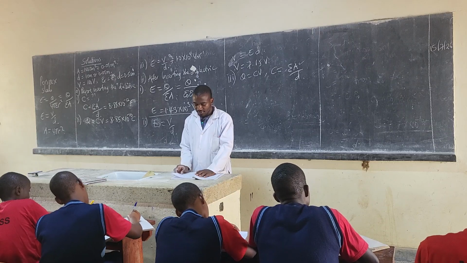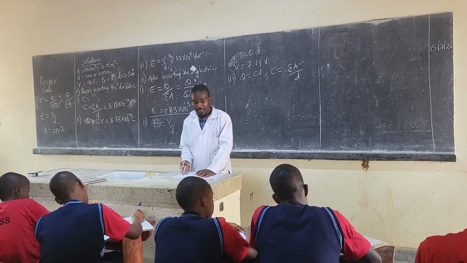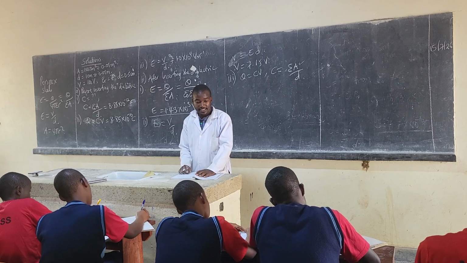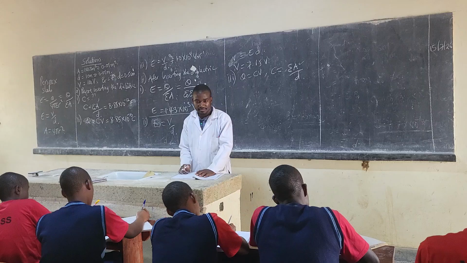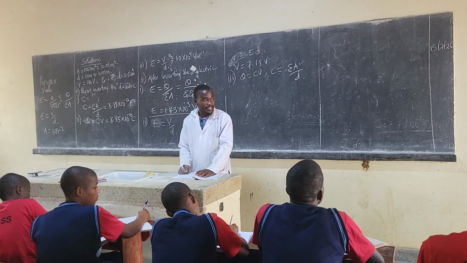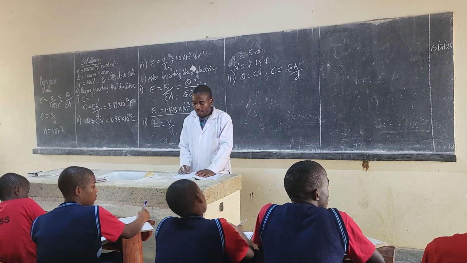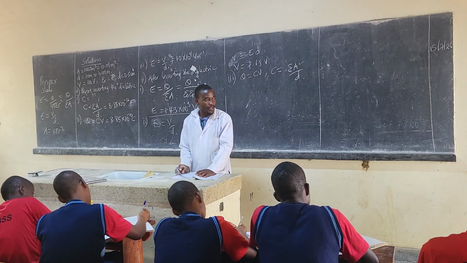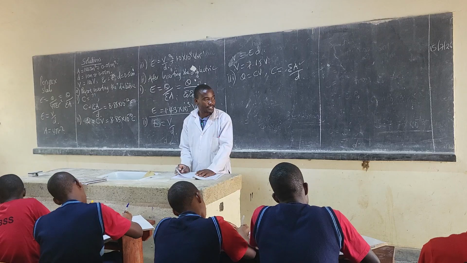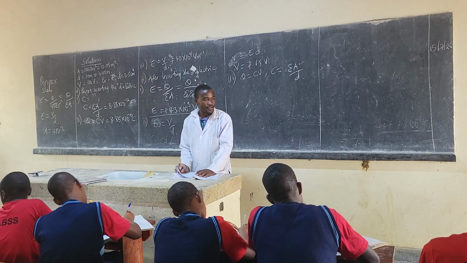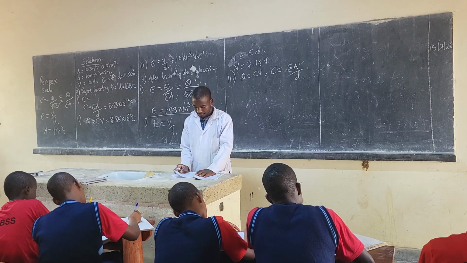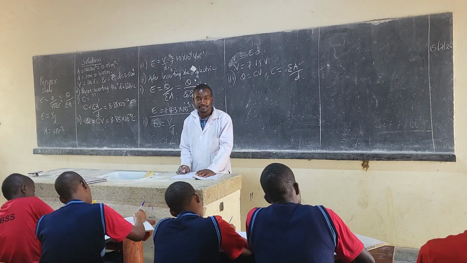When a sheet of dielectric is inserted between the plates, the PD decreases to 30 volts.